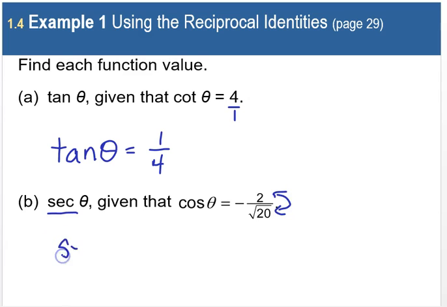So secant of theta is equal to negative square root of 20 over 2. And we are done. That square root of 20 can actually be simplified, but we're not going to worry about it at the moment here.